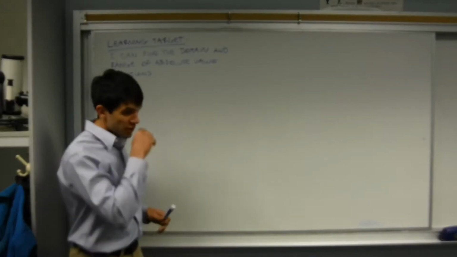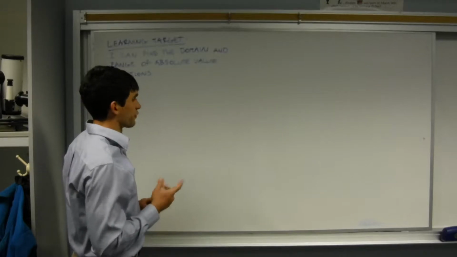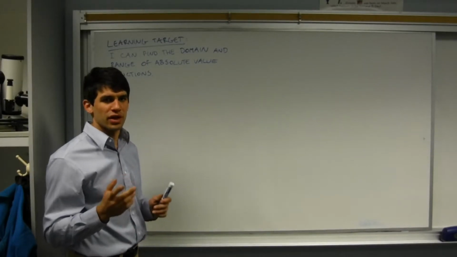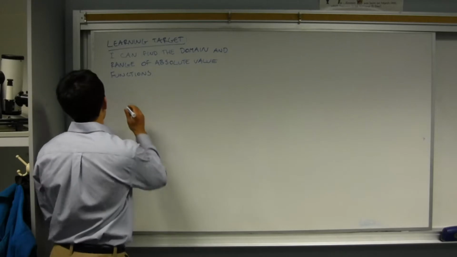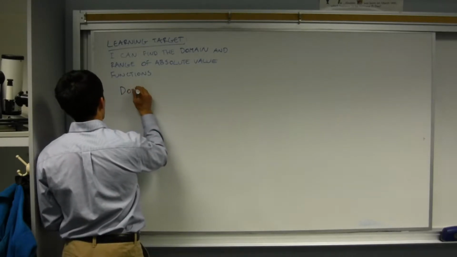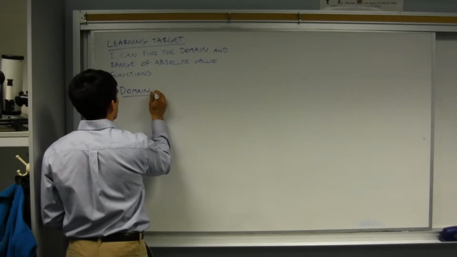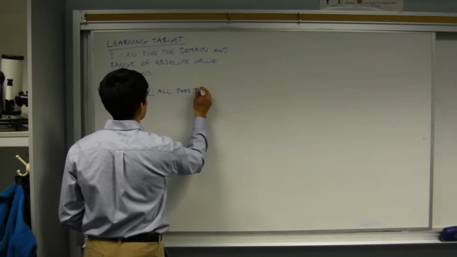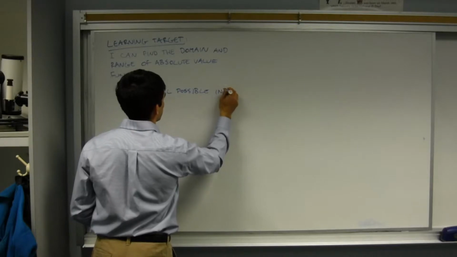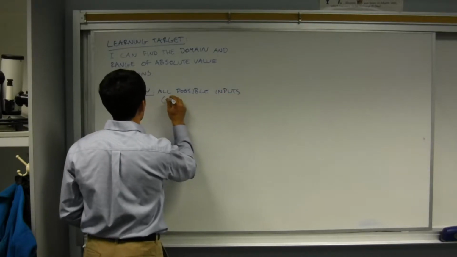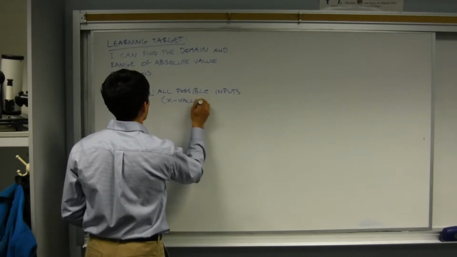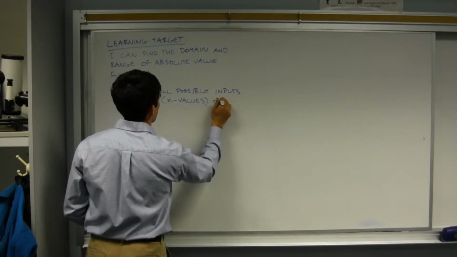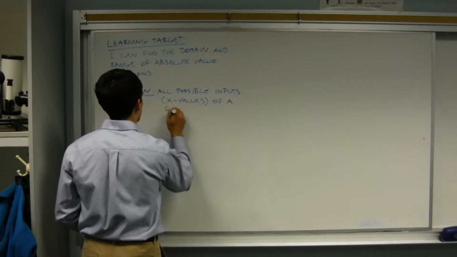So first things first, let's just do a little refresher on what the domain and range of a function are. So the domain would be all possible inputs or x values of a function.